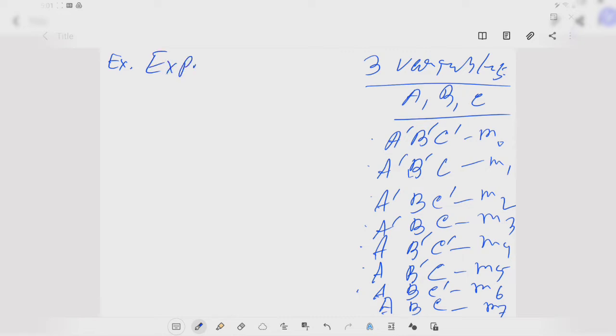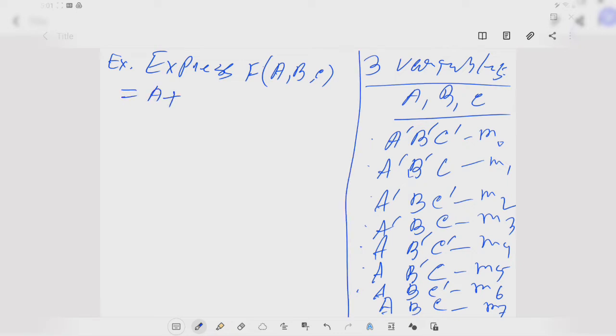Express a function of 3 variables a, b, c, a plus b c, using min terms. We are given this function a plus b c, and we want to express this function by using min terms only. How do we do that?